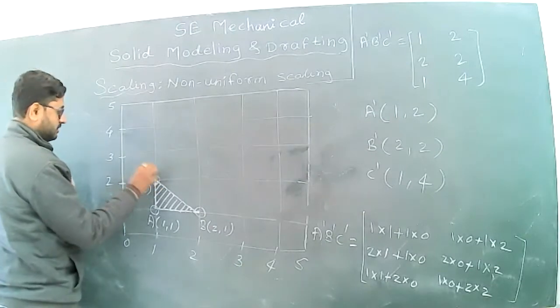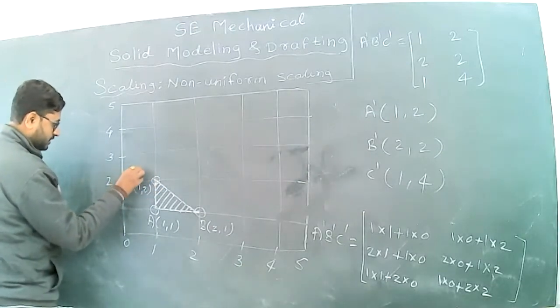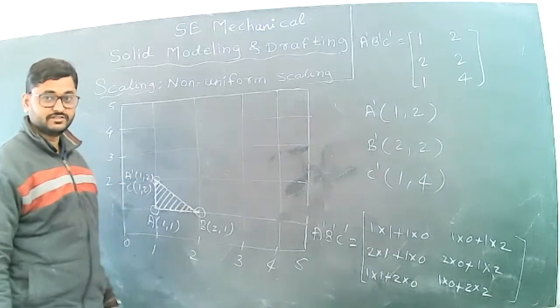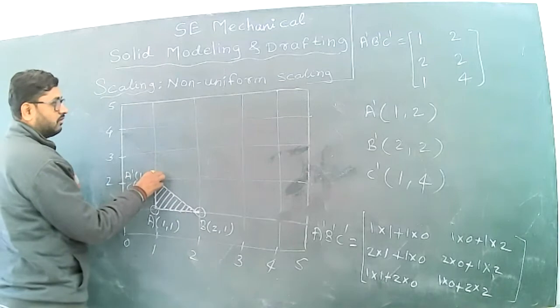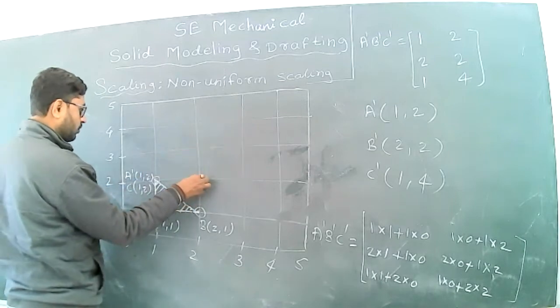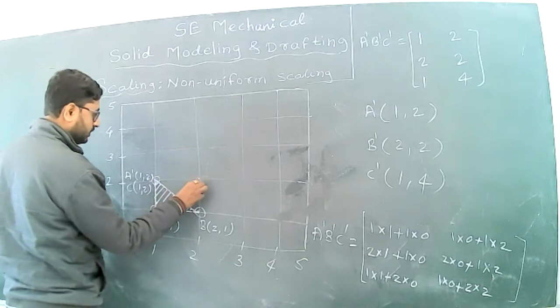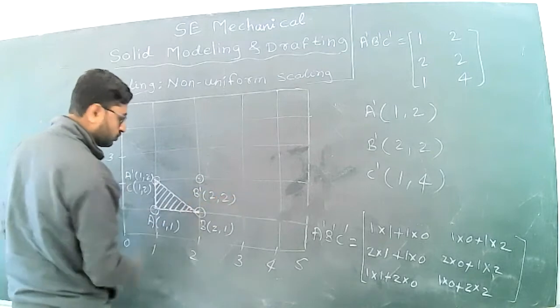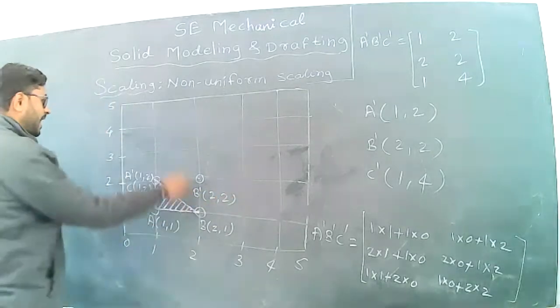So for the A dash point, here it is 1 2. X distance is 1, y distance is 2. For B dash, x distance is 2 and y distance is 2. This is point B dash, 2 2.